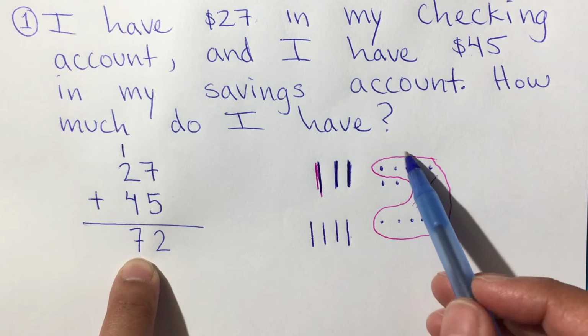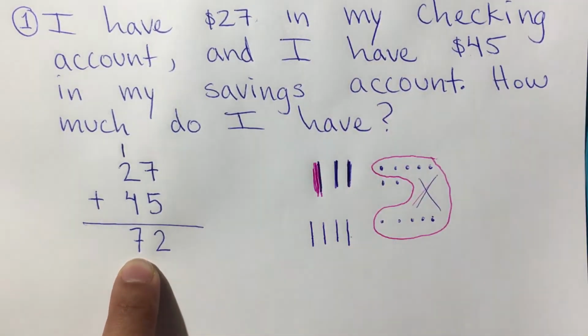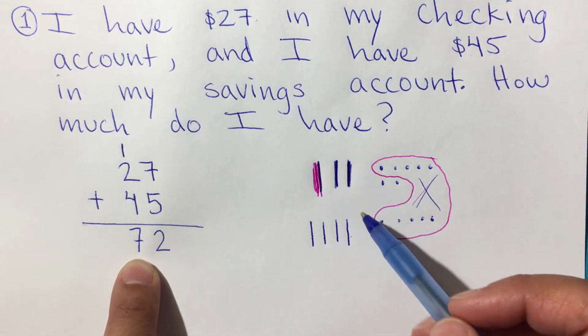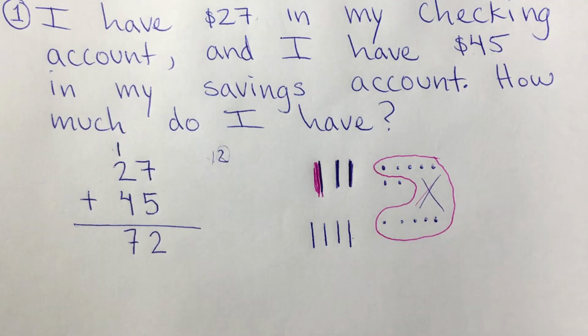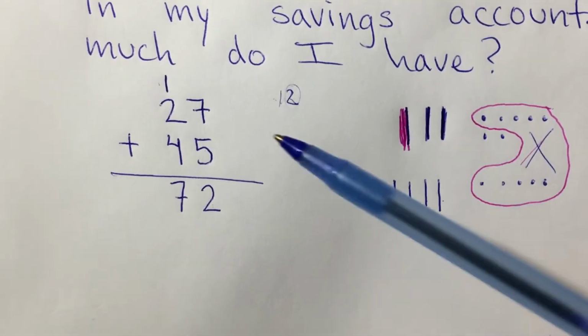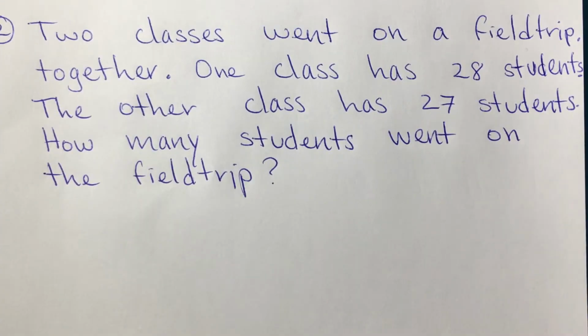And we don't count this anymore because it's right here. This 10 right here. So that's your 72. So different ways to do it. Whichever works for you, that's the one that you should do. I know that for some students you need to be very concrete. For others, it can be abstract already, even as adults.